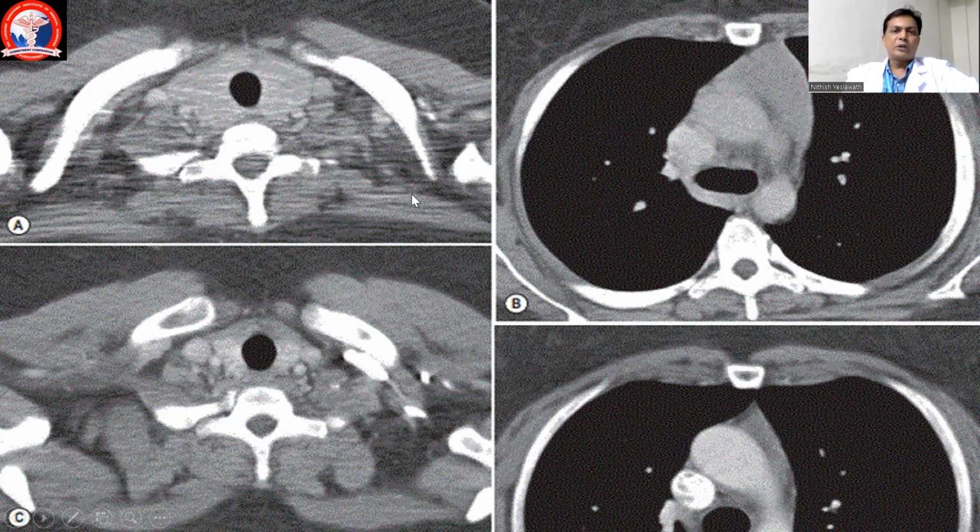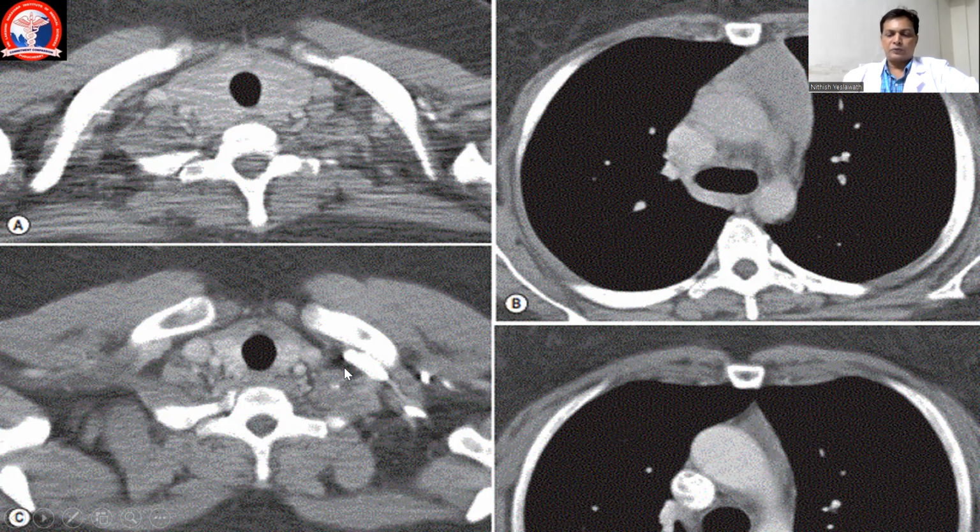After treatment with radioactive iodine, that is I-131, after 6 months the thyroid is much smaller in size, and the thymus also appears much reduced in size.